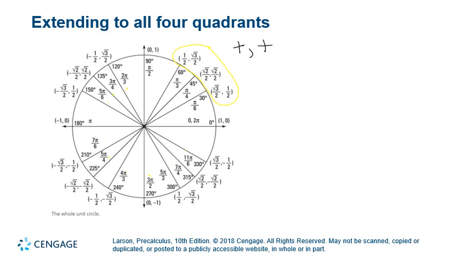So here, you're going to have positive, positive. Here, you're going to have negative, positive. So all of our x values will be negative. Here, here, here. In the third quadrant, you're going to have negative, negative. So all of our coordinate pairs are going to be negative. And here you're going to have positive, negative. So our y values will be negative.